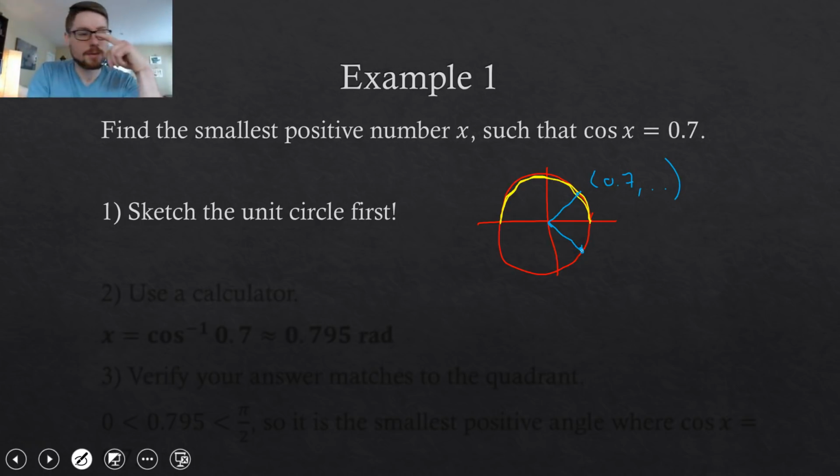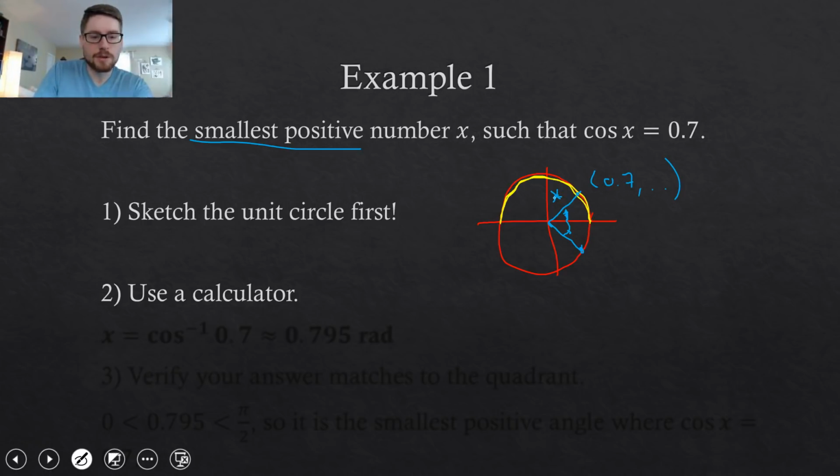And they're symmetric, meaning that these angles are the same right here. Boom, that angle and that angle are the same. But since we're interested in the smallest positive one, we're going to take just the top one. That's the one we want. And so we'll go ahead and use a calculator now to compute this.